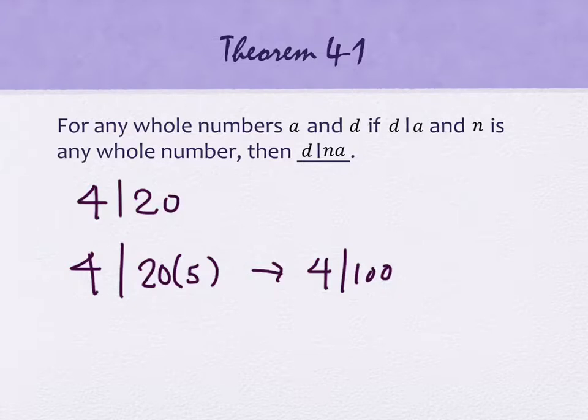Another way you could think about why this is true, because I just gave you one example, and one example is not enough for you to be all on board that it works every time. That's a bad place to be if you think that way. So let me talk for a sec about why this should make sense in general from a fraction standpoint. I know we haven't done fractions in this class, but of course you did fractions back in junior high and high school. This is equivalent to writing 4 divides 20, right? I can write it like this, 20 divided by 4.